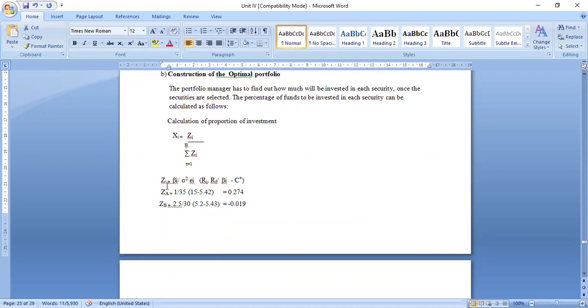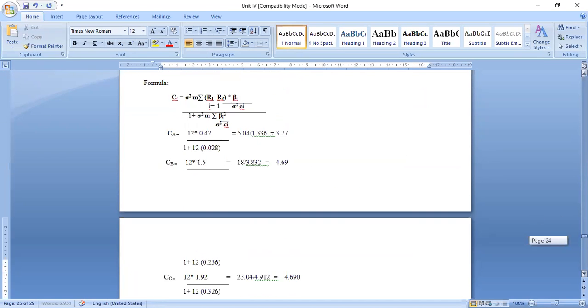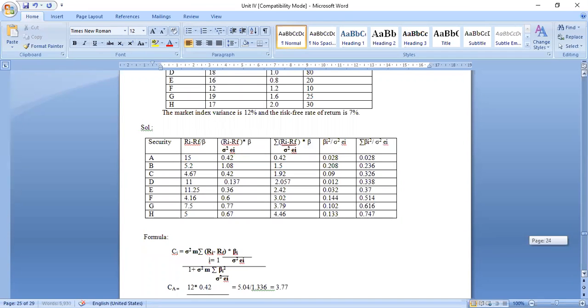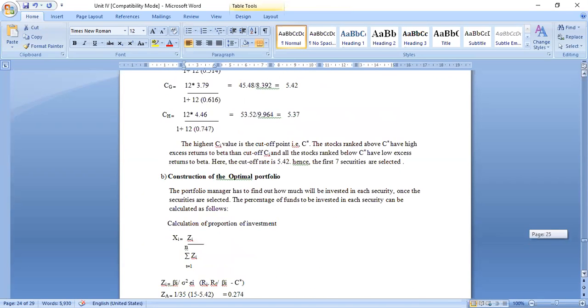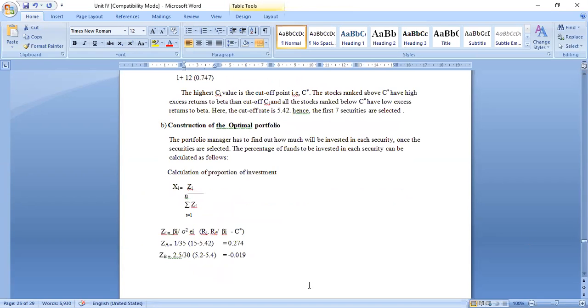Okay. Now accordingly, we have to take the beta for security B, which is 2.5, divided by 30, the residual variance, into Ri minus Rf divided by beta i, minus C star. So this column is going to help us for Ri minus Rf divided by beta i. That is 5.2, which we have directly inserted here.